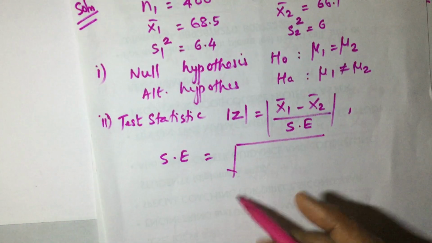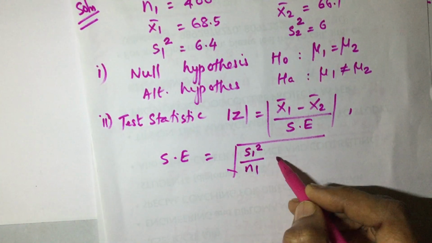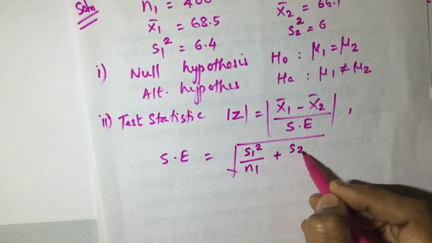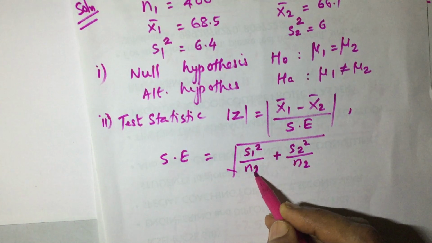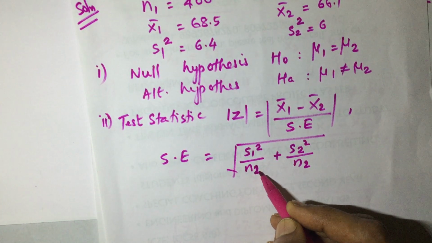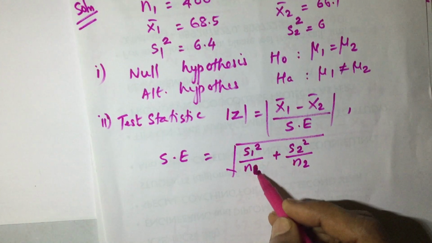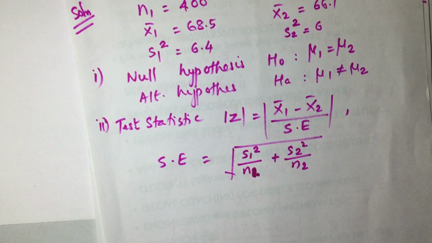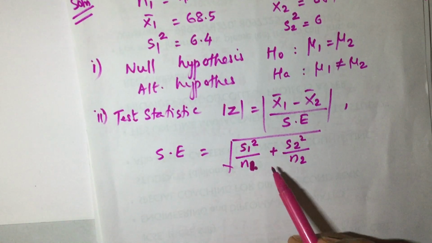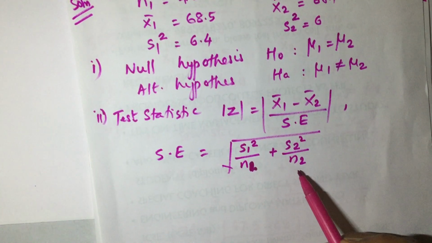So here you will use the formula S1 square by N1 plus S2 square by N2. So standard error is square root of S1 square by N1 plus S2 square by N2.